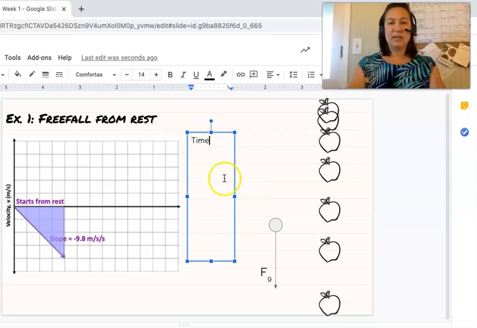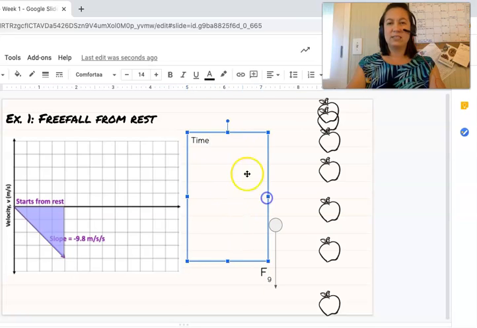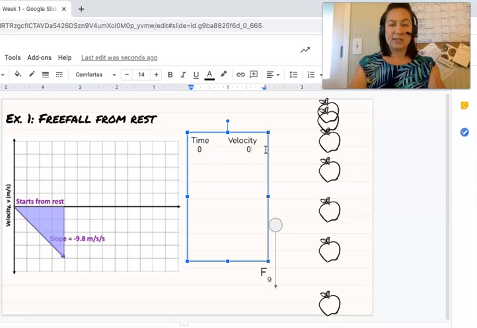Let's say we have time versus velocity. An important thing to note then is that at 0 seconds of time, my object would start from rest. But after 1 second of time, it would now be going faster. It would be going negative 9.8 meters per second.